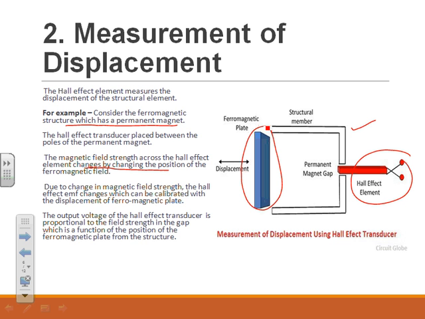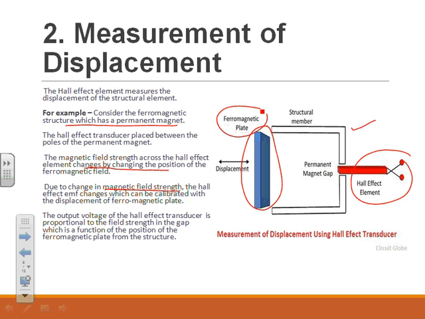Due to the change in magnetic field strength, the Hall effect EMF changes, which can be calibrated with the displacement of this ferromagnetic plate. So we can calculate the displacement like this.